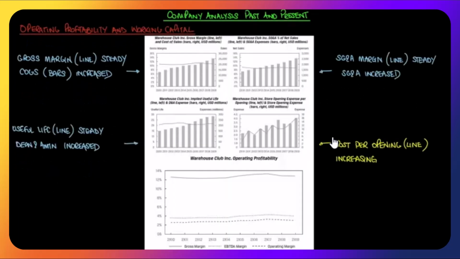Looking at exactly those metrics for Warehouse Club, what do we have? Top left, gross margin. So this here is our gross margin. Nothing too exciting. Pretty steady over time. Now, be aware that doesn't mean things are bad. We've increased sales over time. Remember, we had a lovely big upward sloping trend of sales.